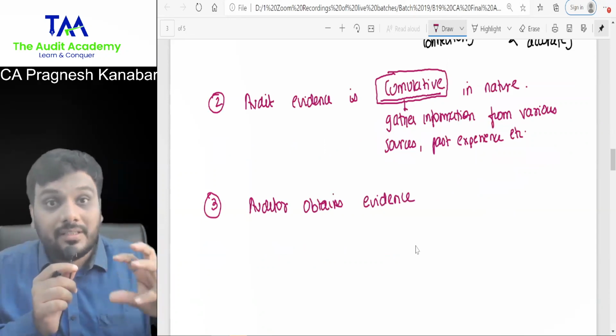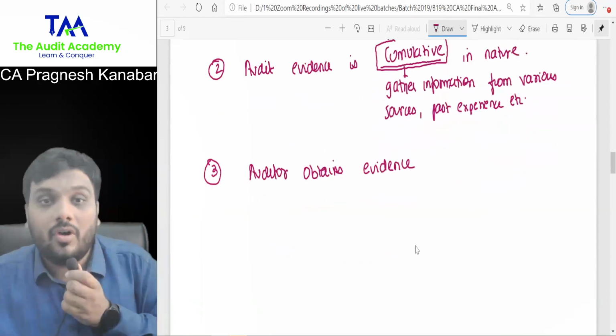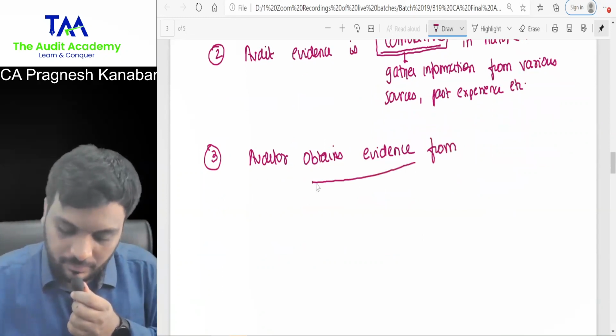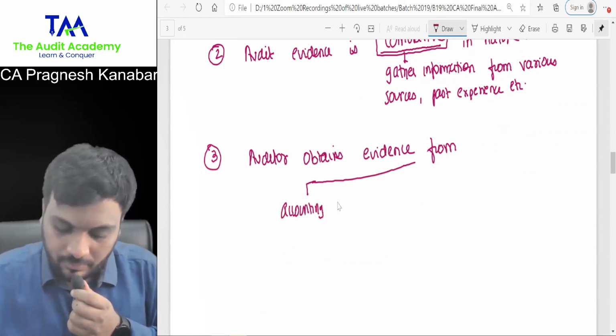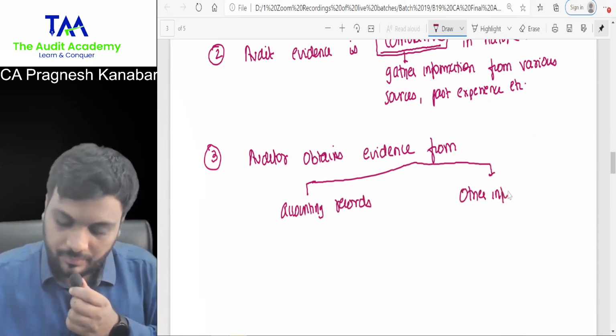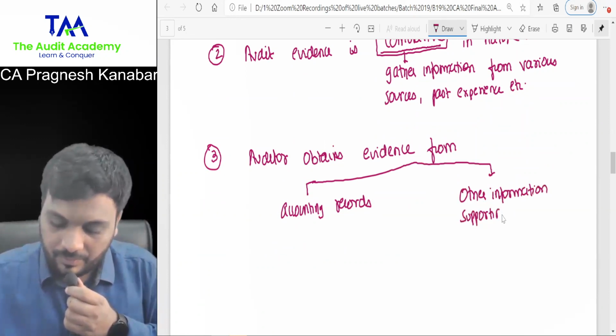Auditor also verifies some other information which supports the accounting records. So auditor obtains evidence from accounting records and other information which supports the accounting records.